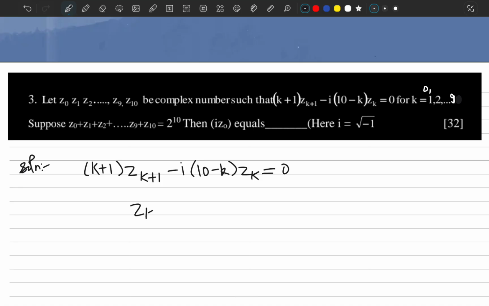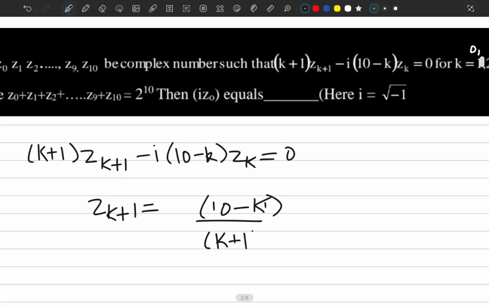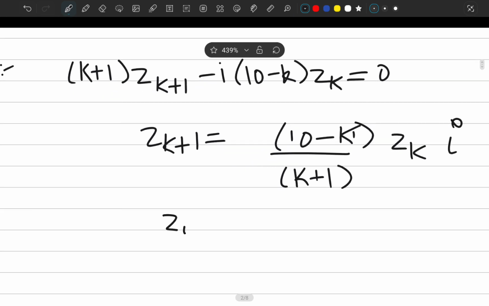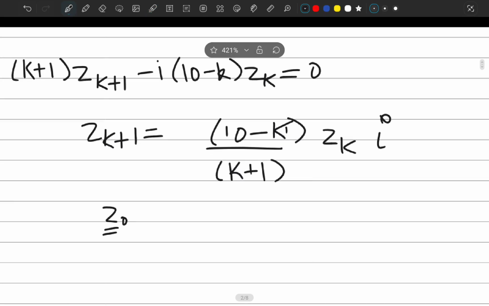If we simplify it further, we can get z(k+1) equals (10 minus k) by (k plus 1) times zk times iota, and let us say we have fixed the value of z0, which we have to actually find out, right? So let us see z0.